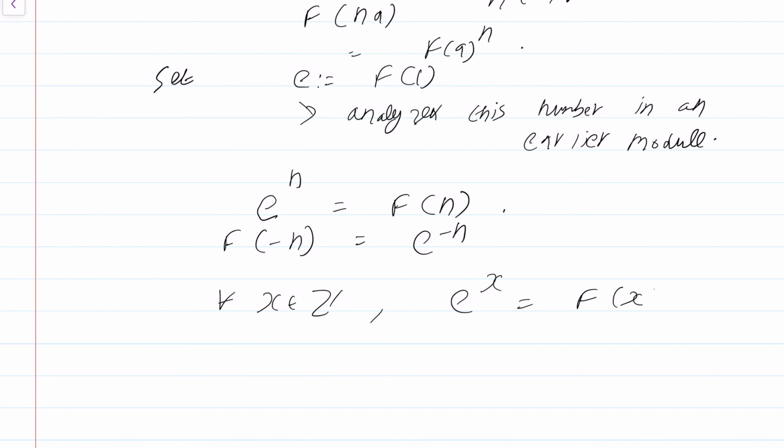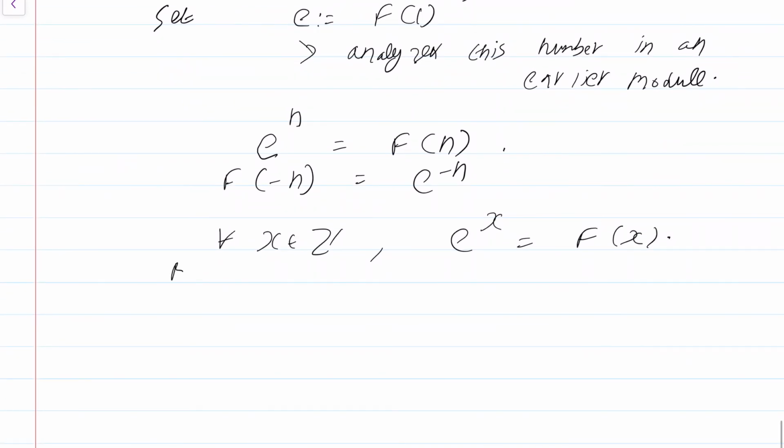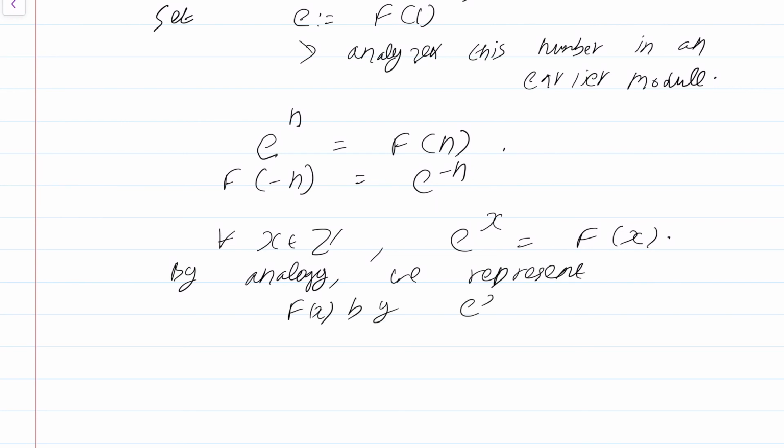Okay, so by analogy, we represent f of x by e power x. Note very carefully what is going on. I am not saying that the function f, whose existence and uniqueness we have proved, is actually exponential with base e. We have not yet defined what e power x means when x is just any real number.